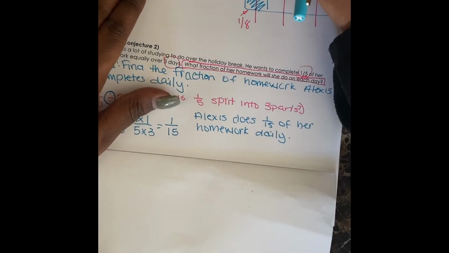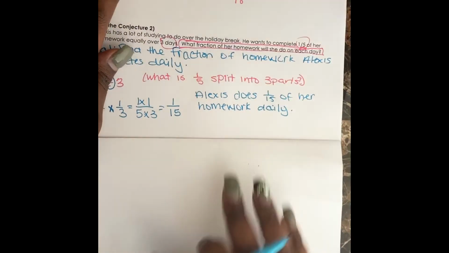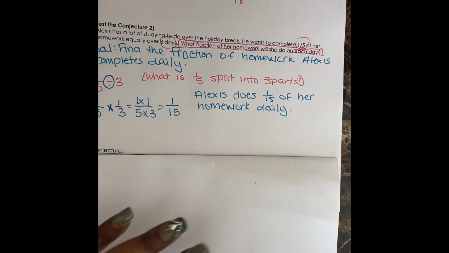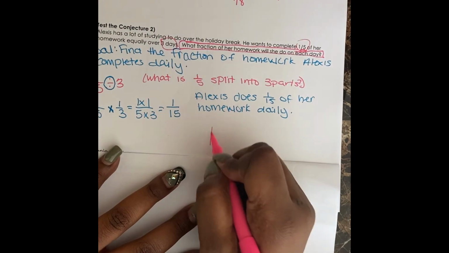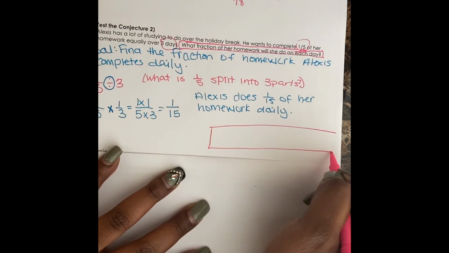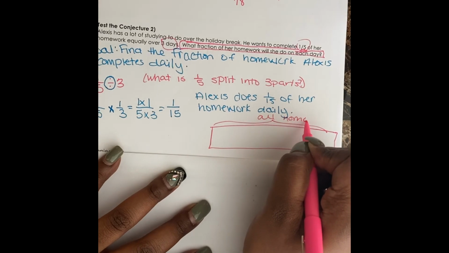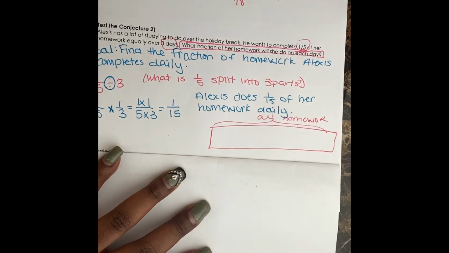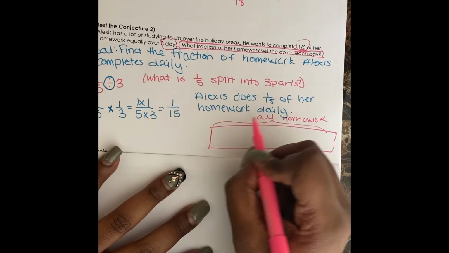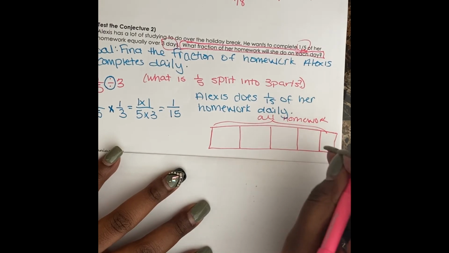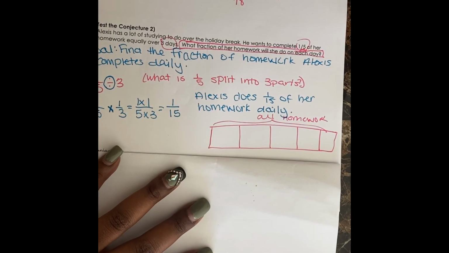As always, we are going to perform a check step for this problem. We are simply going to check our work using a model. So one whole model is going to represent all of the homework. We are going to break our homework into fifths. So here we go. 1, 2, 3, 4, 1, 2, 3, 4, 5. 5 parts.